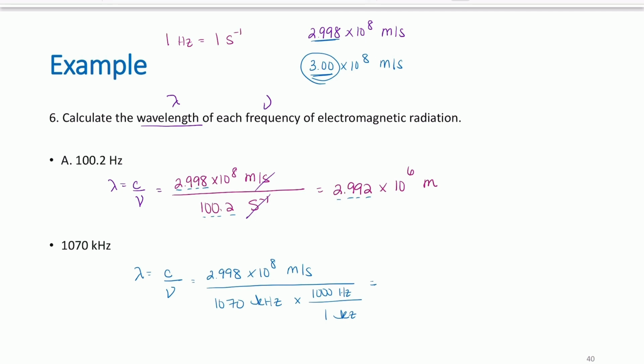Make sure you're calculating that out correctly. When I calculate this out, I'm going to get 280, but I need to put a decimal place here, meters. I have 3 sig figs here. This 0 is not significant on the end, but my final answer was 280. If I write it like that, that's only 2 sig figs. I must include that decimal place to specify that that 0 is in fact significant.